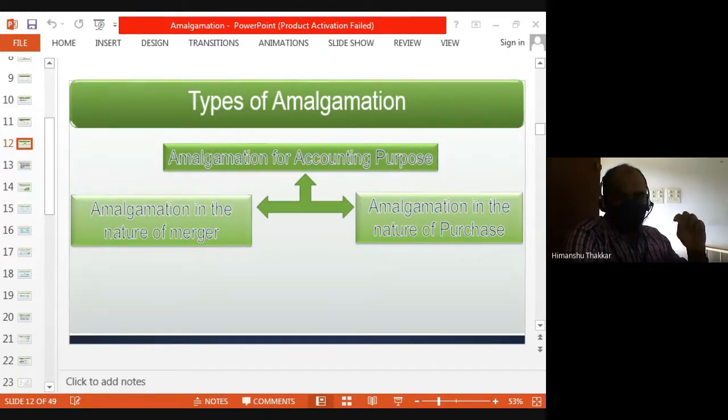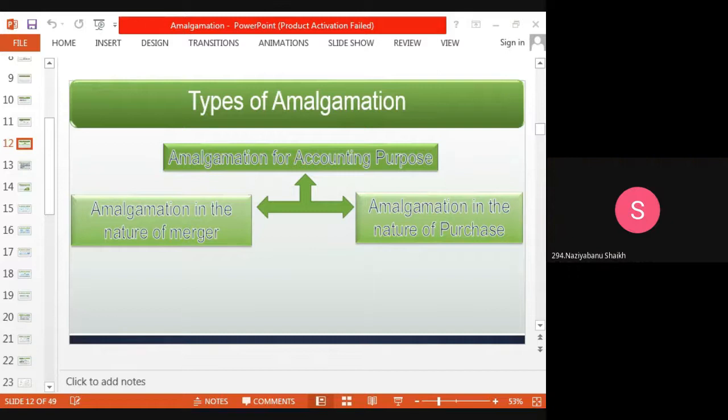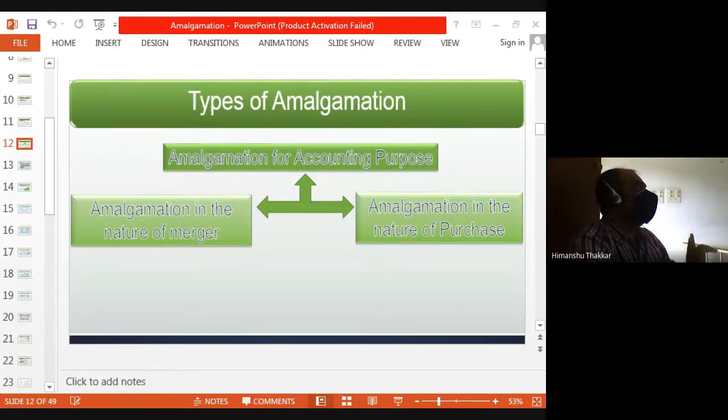Now, coming to the first category sum, which is preparing balance sheet of whom? New form. Transferor company or transferee company. We discussed the other day what is a transferee company. Who is a transferee and what is a transferor company?